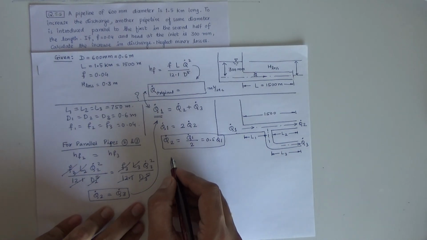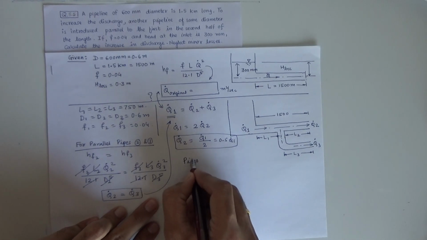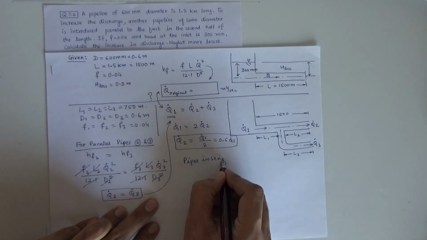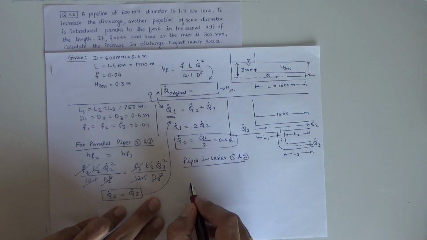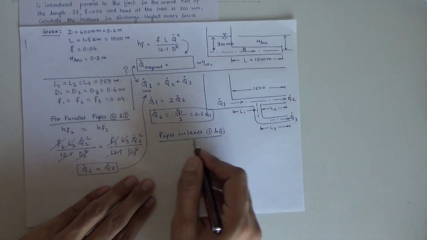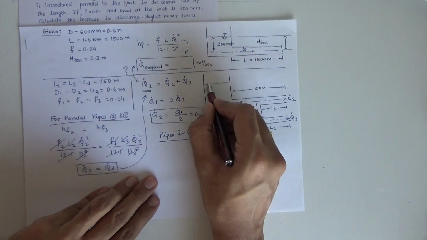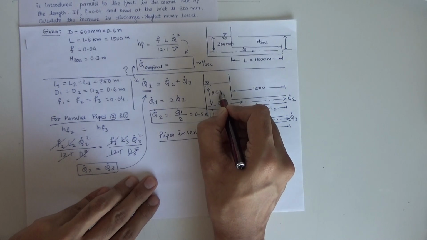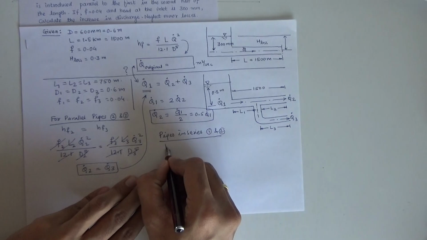So if I write down this for pipes in series, which are the pipes in series? That is 1 and 2. Pipe number 1 and pipe number 2 are in series to each other. So if I write down the equation for them, what is it? Total loss is how much? 300 mm, 0.3 meter is the total loss, and that is HF1 plus HF2.